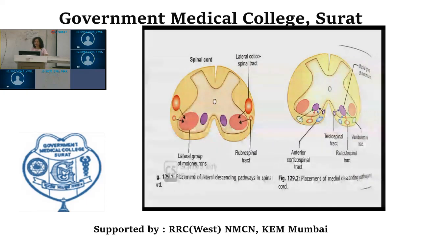The lateral group comprises the lateral corticospinal tract and the rubrospinal tract, whereas the medial group is constituted by the anterior corticospinal tract, tectospinal tract, vestibulospinal tract, and the reticulospinal tract.